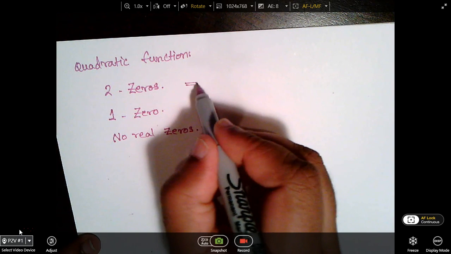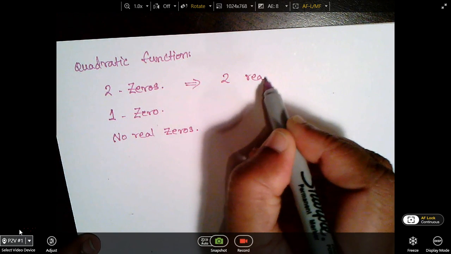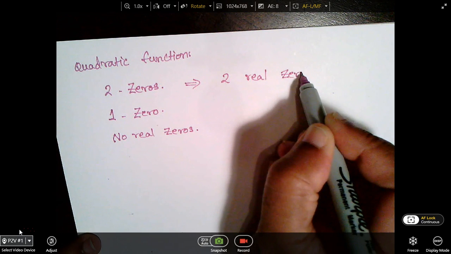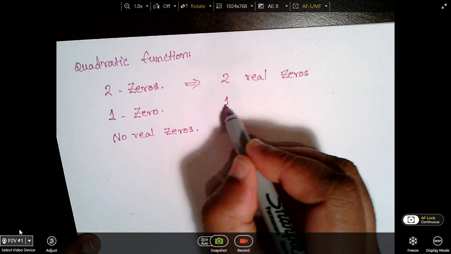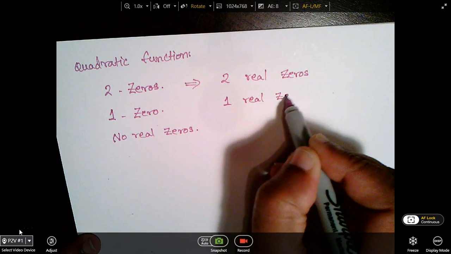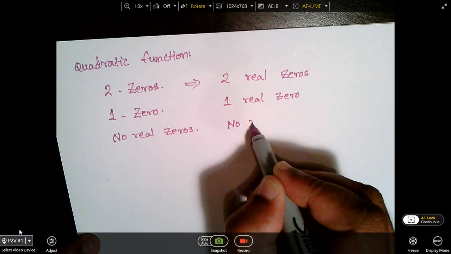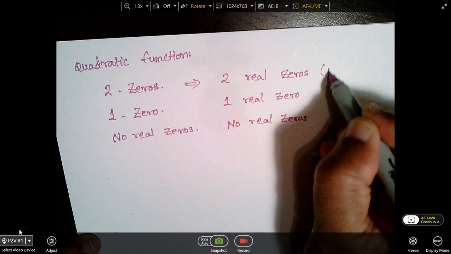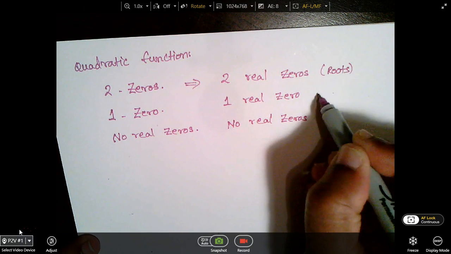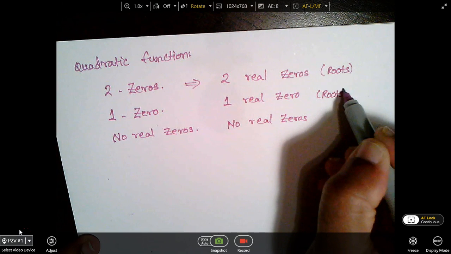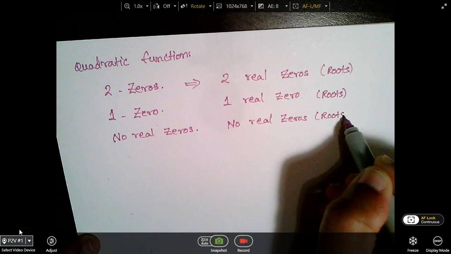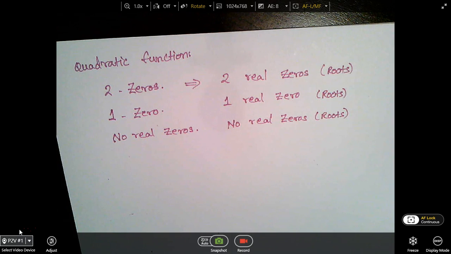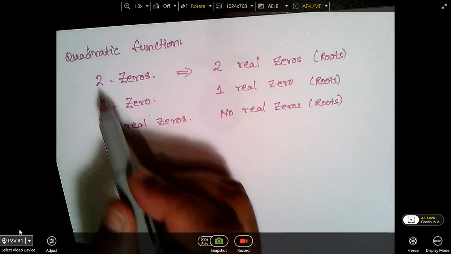So I could have two real zeros or roots, one real zero, or no real zeros or roots. You could also say roots or x-intercepts or solutions. Those are the three possibilities for me.